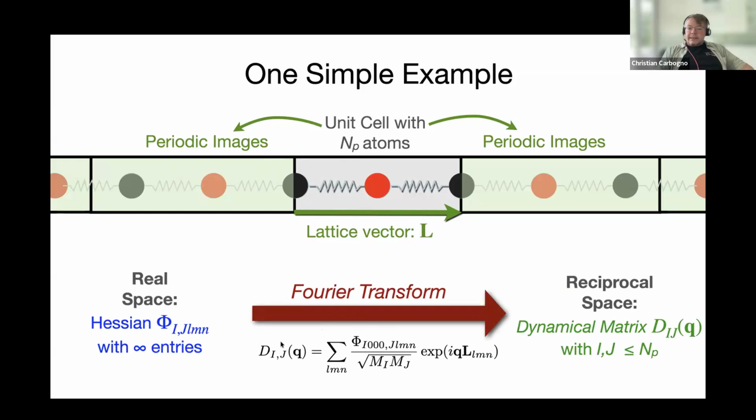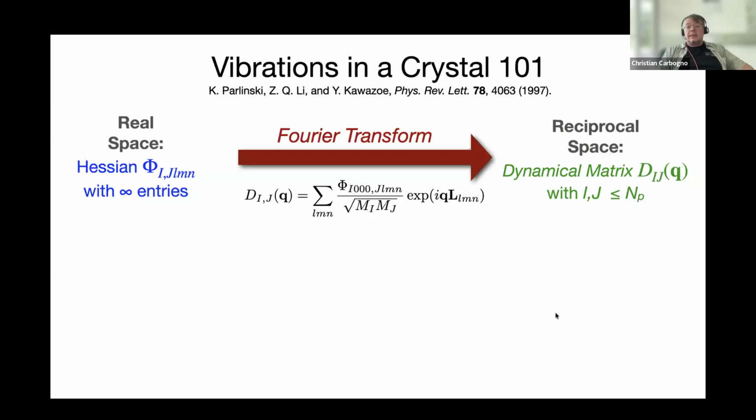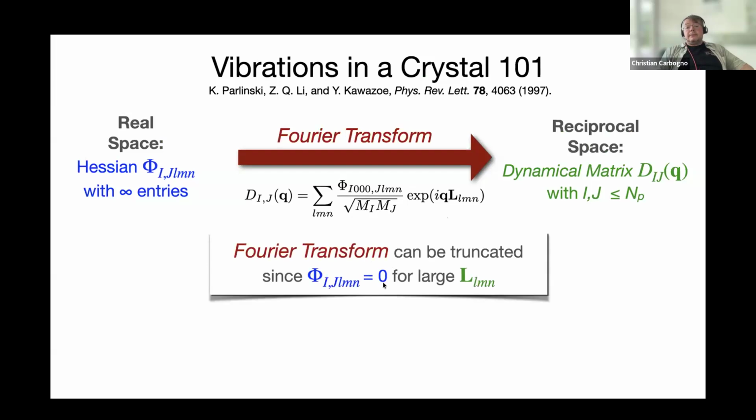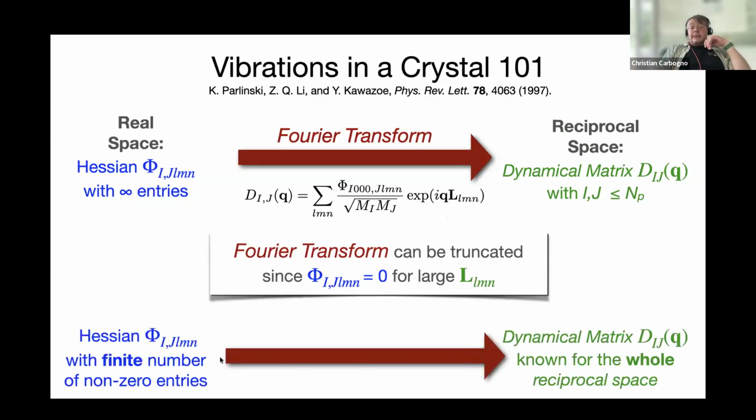By Fourier transforming that, we get a dynamical matrix that only depends on these two atoms, but has an additional dependence on q. Remember, we can do that because we know that the Hessian becomes zero for large lattice vectors, because we said before the interactions decay for large distance. This allows us to calculate, out of this Hessian with a finite number of non-zero entries, the dynamical matrix for the whole reciprocal space.